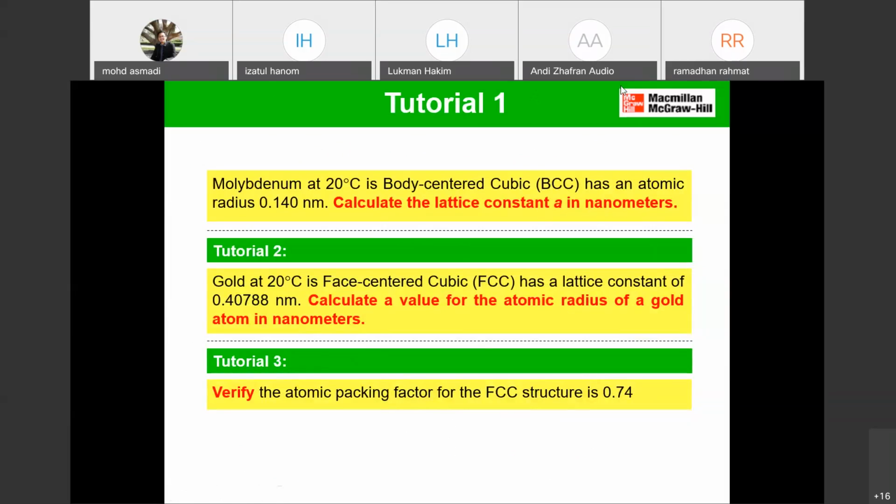Please also do the other tutorial. Please verify how you can get the FCC value equal to 0.74. Tutorial 1 and tutorial 3.